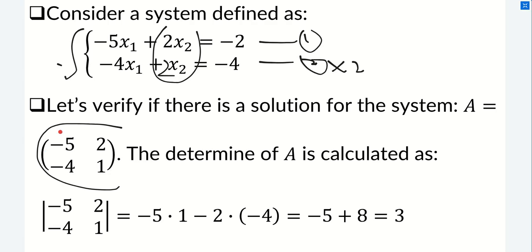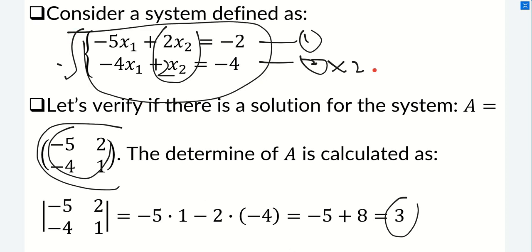But by looking at it, you see that they are linearly independent. The determinant, by finding it, is not equal to 0. It is equal to 3. That means we can say that this system of linear equations will have a unique solution.